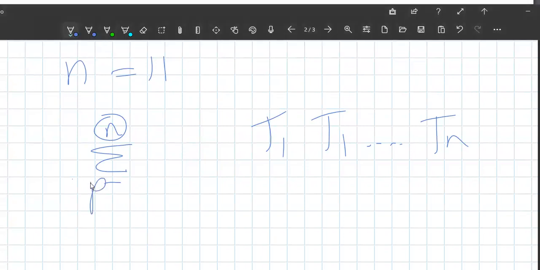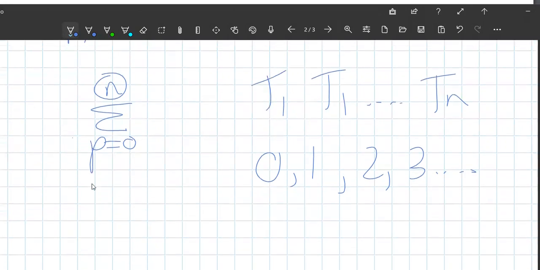They started on p equals 0. So our first p value was actually 0. If we start on 0 and we count 1, 2, 3, etc., we actually end up with our last k value, which is the final p, equal to 10, because the 0 took up one space.